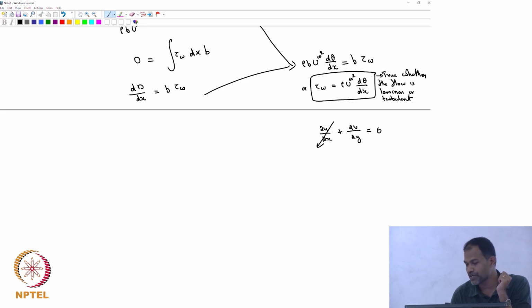We know that dou u by dou x is not 0, so dou v by dou y is not 0. That means v can be a function of y. At every point the fluid will not only have an x velocity, it will also have a y velocity, and if it does not have that y velocity, it will violate the continuity equation. In other words, it's a consequence of mass conservation.